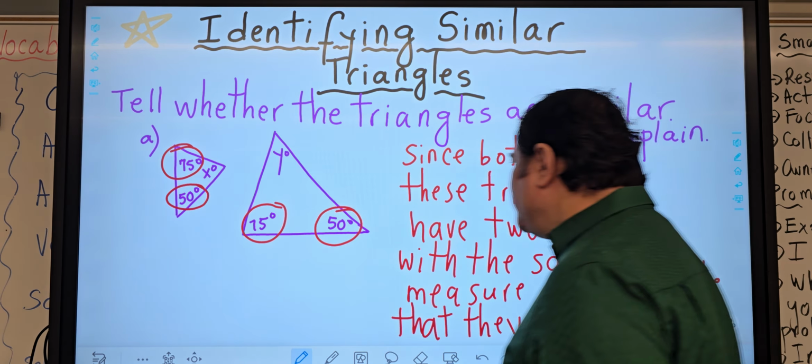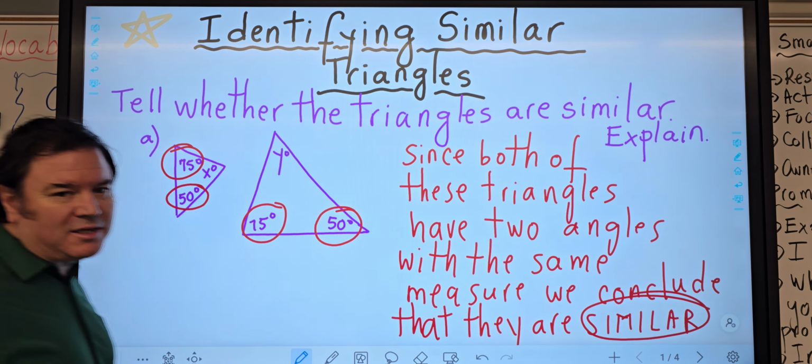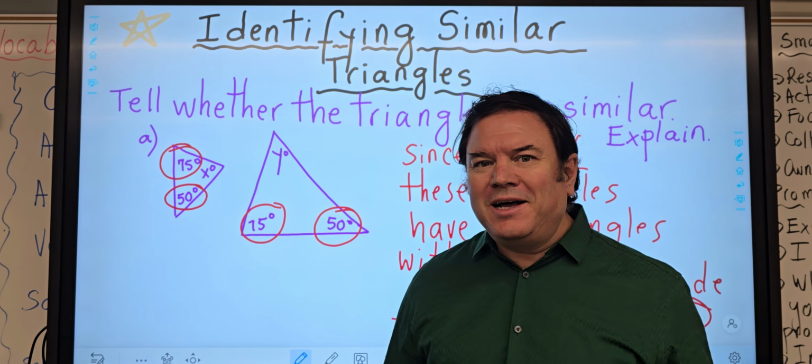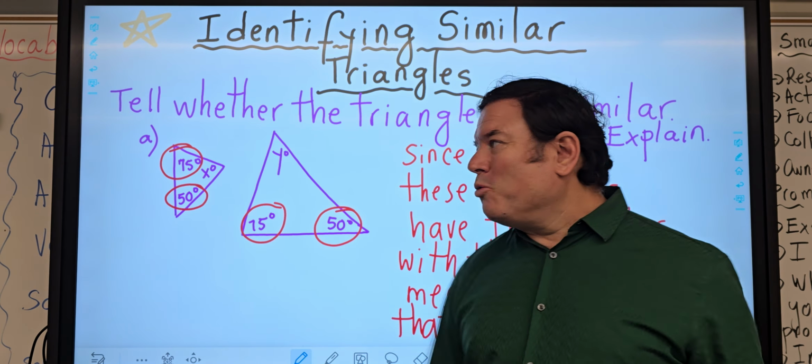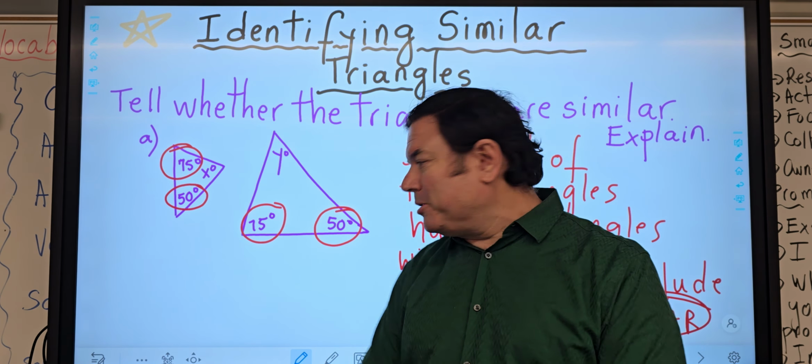That's it. Since we found that two of these angles are the same in both triangles, both of these triangles are similar. Okay, that's one way of finding similarities between two triangles.